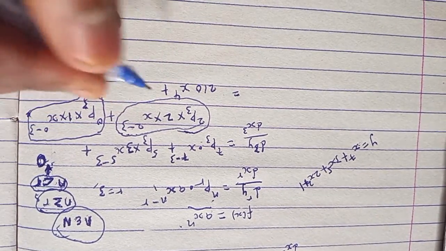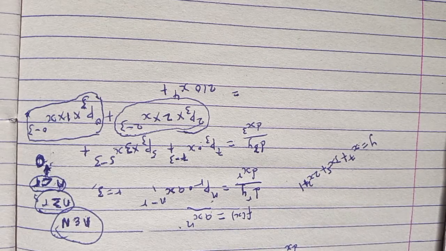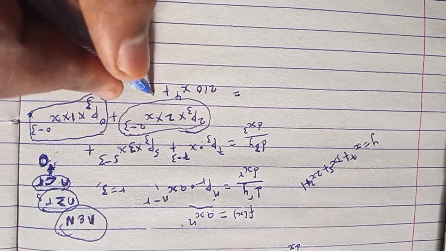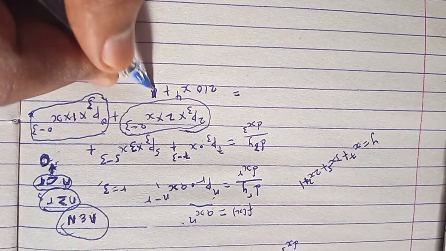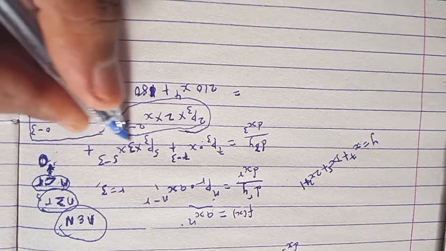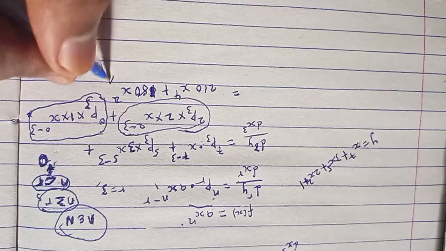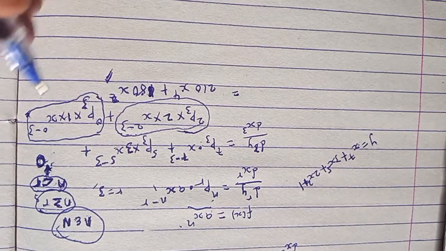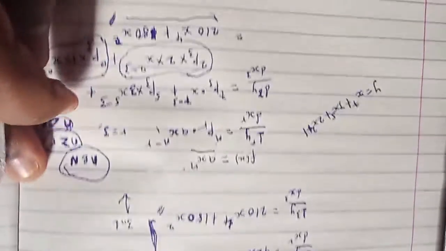Then plus 5 permutation 3, which is 60. So you have 60 times the 3, what will you get? 180. So it will be 180x squared. So this is our answer. We've gotten our answer. So now, is this answer not the same as this one?